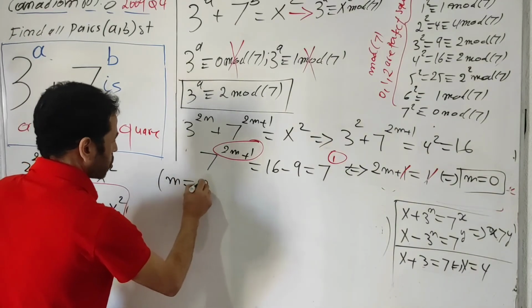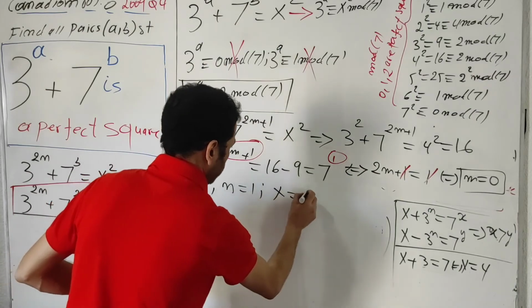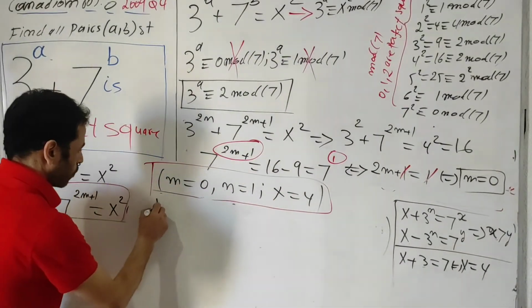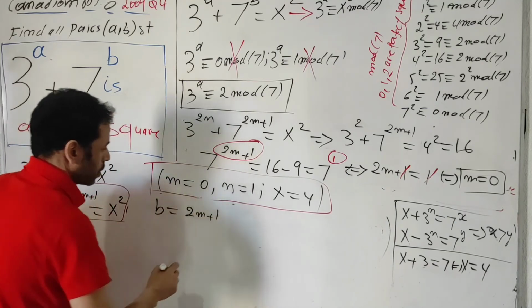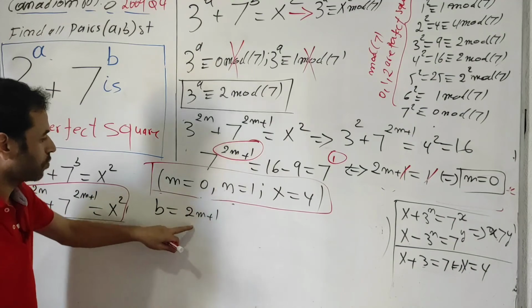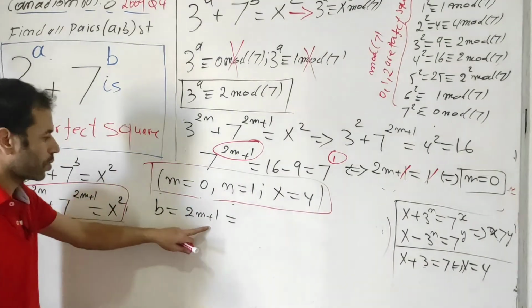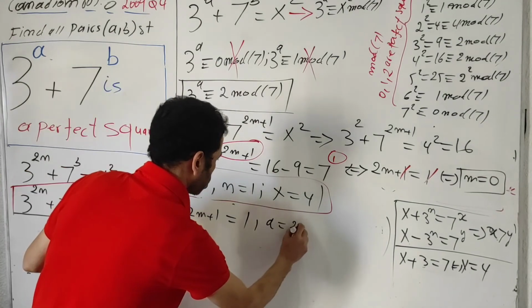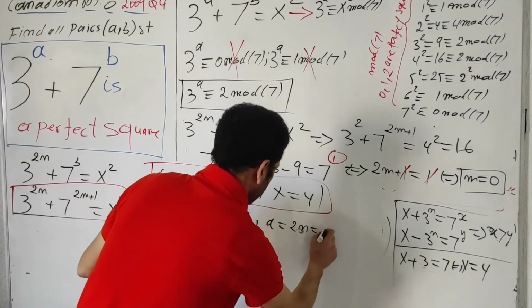Now I found m equals 0 and n equals 1, and x equals 4. Going back to the original equation, we have b as an odd number, which was 2m plus 1. By replacing m with its value, 2 multiplied by 0 is 0, plus 1, so b equals 1. And a was 2n, and by replacing n with its value, I will have number 2 here.